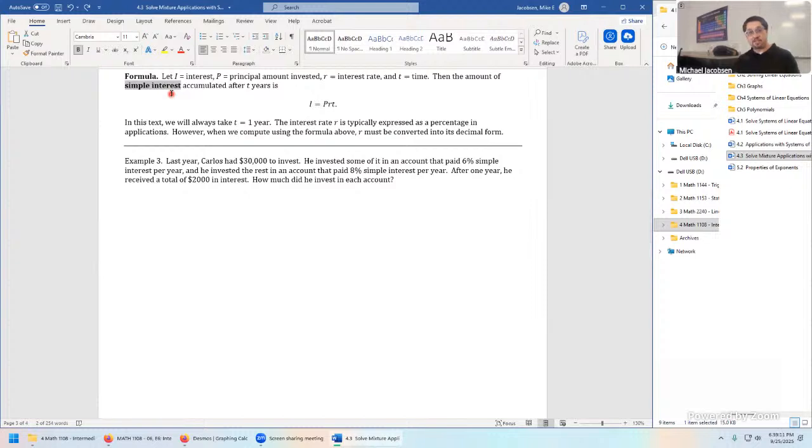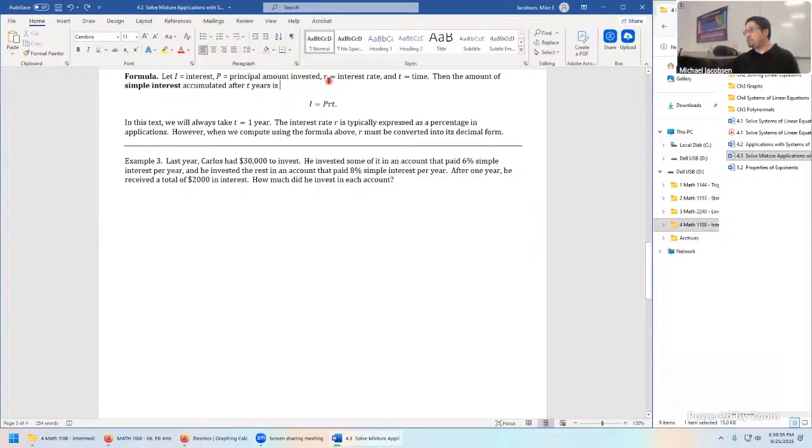And it leads into compound interest, the more realistic type problems later on with more algebra under our belt. First, let's take a look at what the formula is saying. If I denotes interest earned, P is the amount you put in the account, or principal amount invested. Sometimes we just say simply the principal.